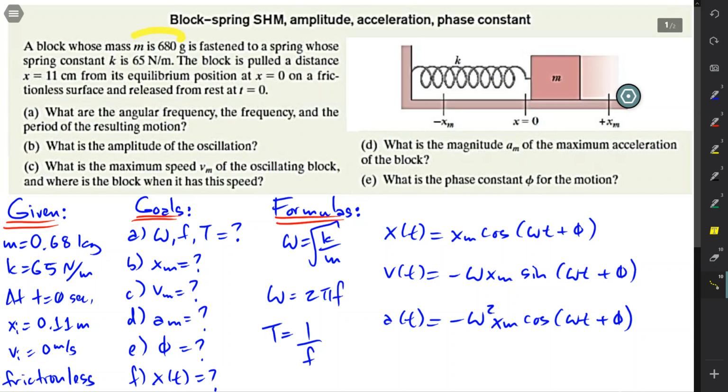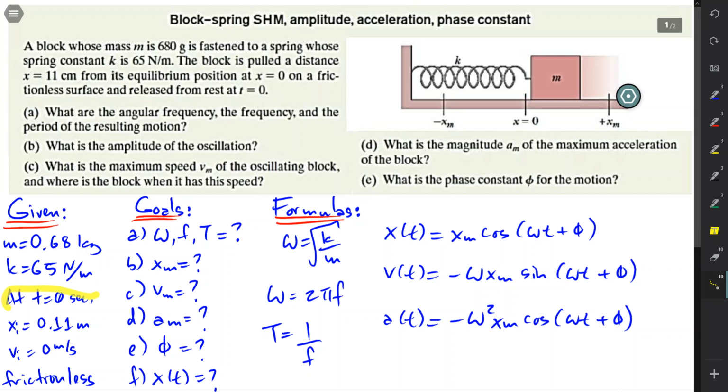You're given the mass. I went ahead and converted the kilograms into significant figures. The spring constant, which should be known as the elastic constant, because not all elastic substances are springs, rubber to be exact.